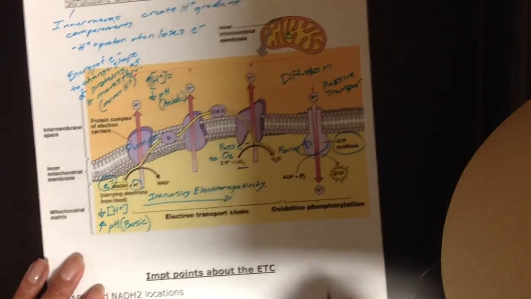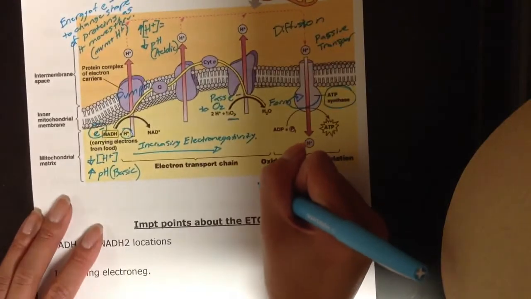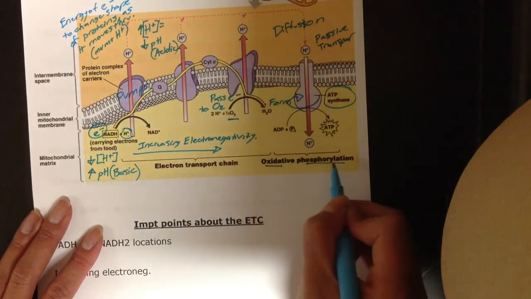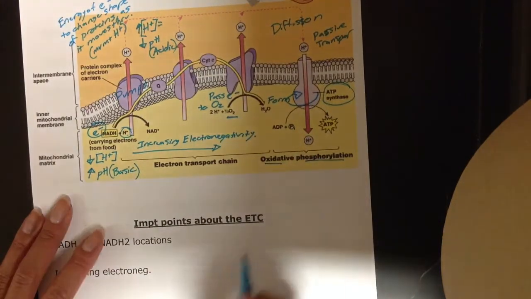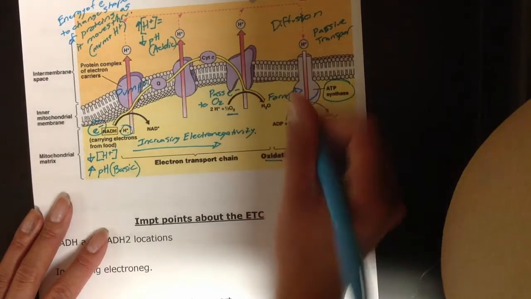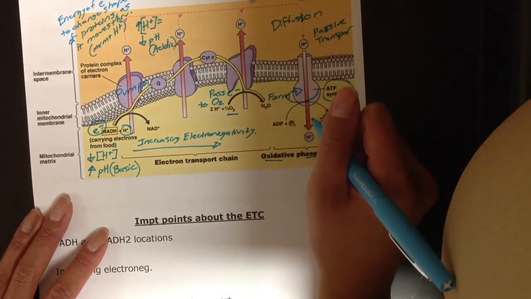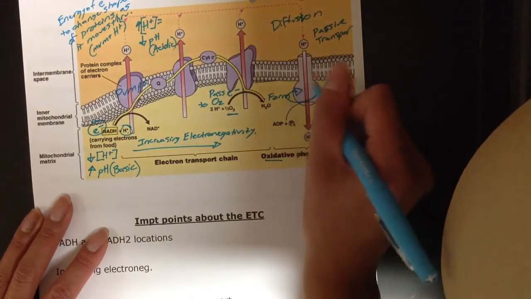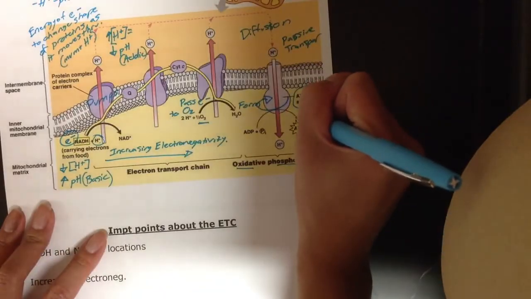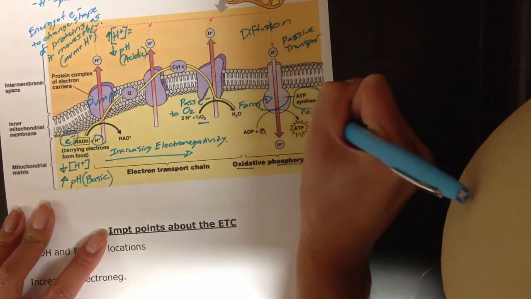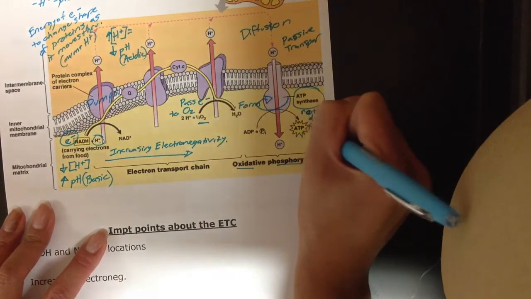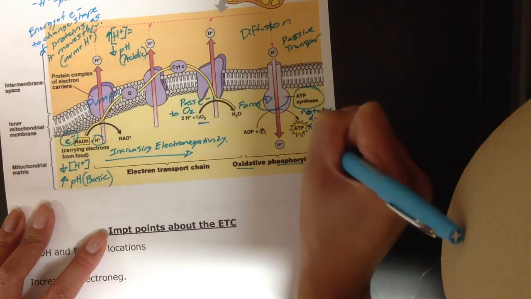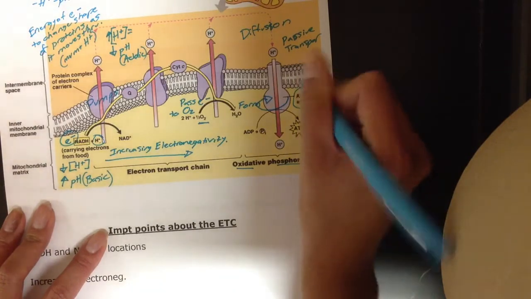So, what's happening there? Notice that's oxidative phosphorylation. Oxygen's over here. We're phosphorylating or adding the oxygen here. So what we're doing is that this protein is permeable to hydrogen ions, causes a rotation, and we'll write in rotates due to the kinetic energy that's caused by the movement of that proton.